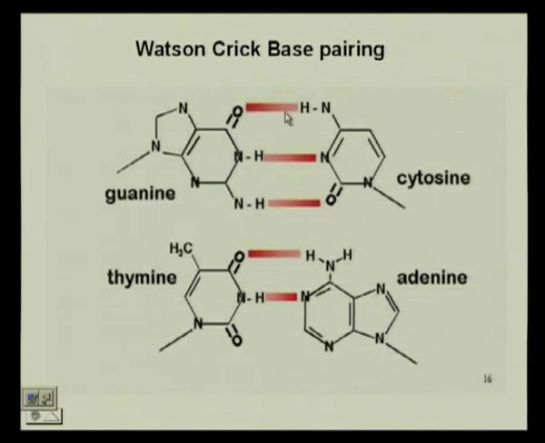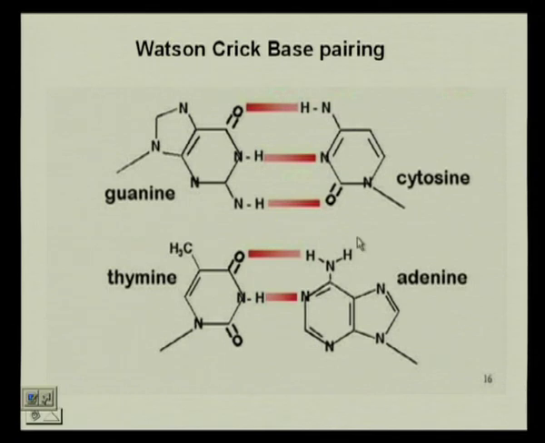Here is one hydrogen bond, here we have another, here we have another. So, we have 3 hydrogen bonds in the pairing of G and C. We have 2 hydrogen bonds in the pairing of T and A.